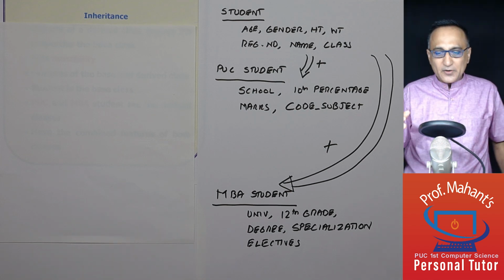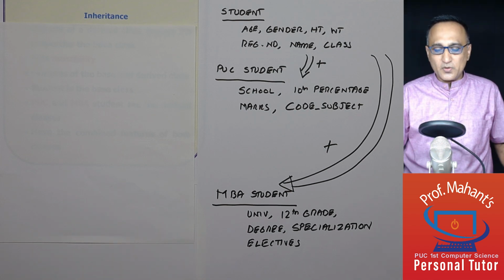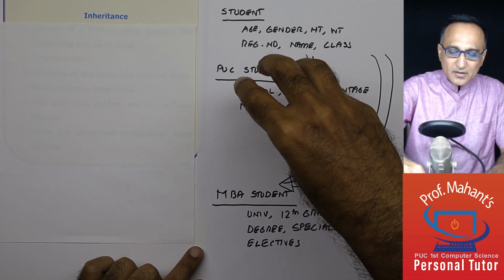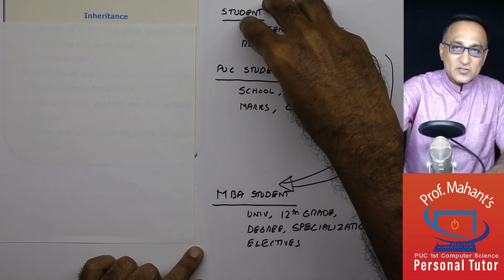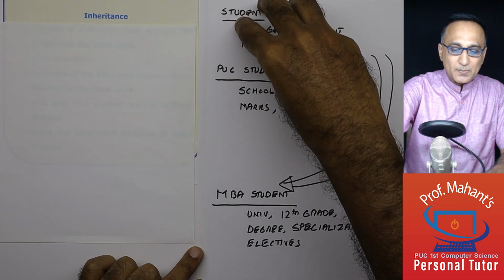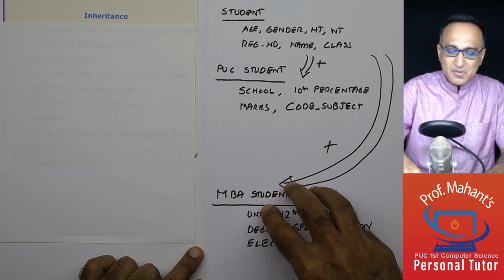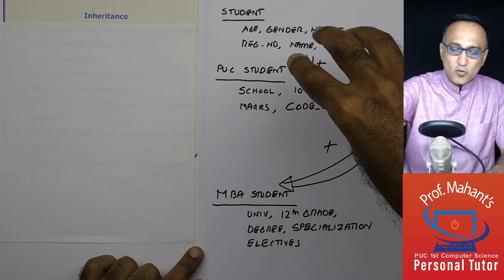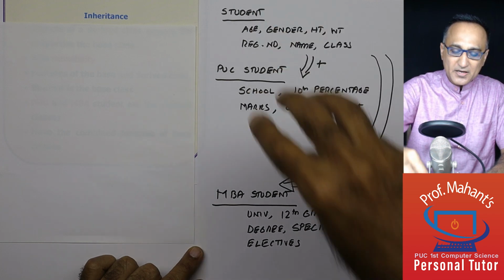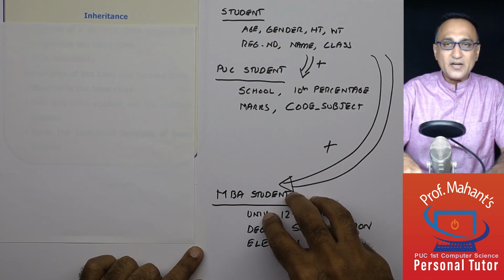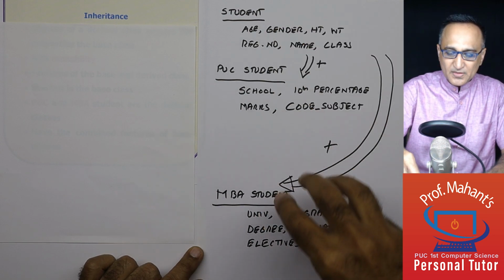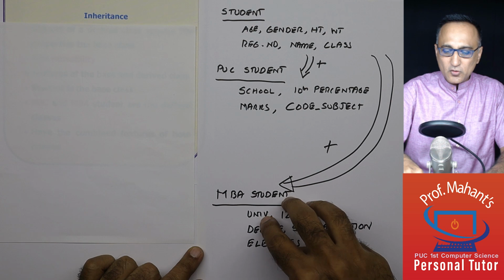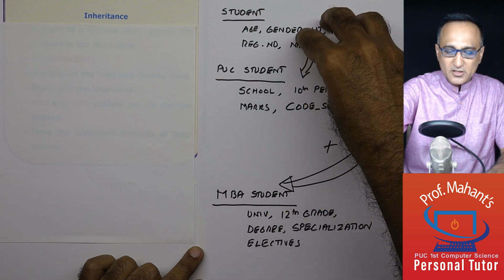So in simple words, when I am developing the PUC application, I am reusing the data as well as the code of the student application. When I am developing the MBA application, I am reusing the code and data of the student application along with the MBA student application. So this one has access to code and data of that one, and this one has access to code and data of that one plus this one.